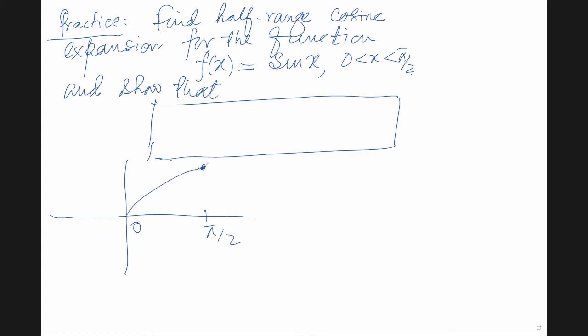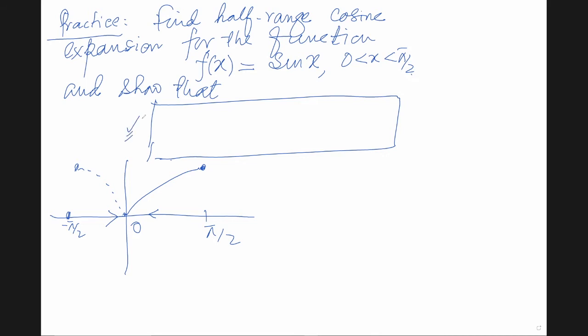This is the function, and you are making it even. So when x is 0, it is discontinuous. You have to go from this side and this side. Ultimately, that value will be 0. It is an interesting question.